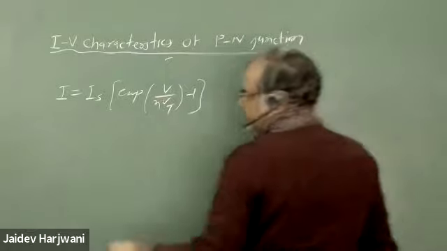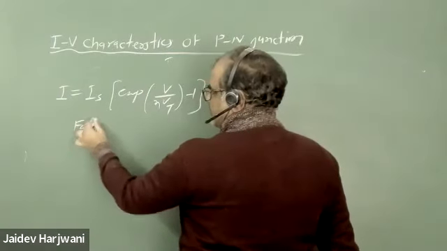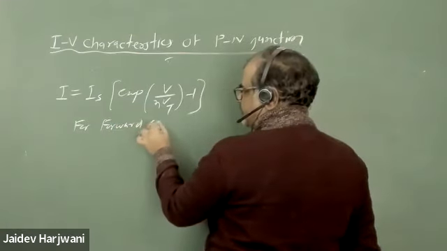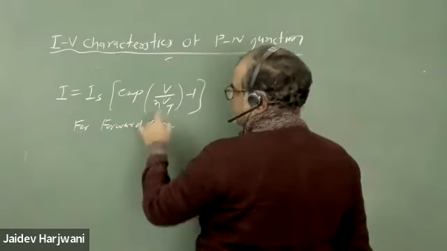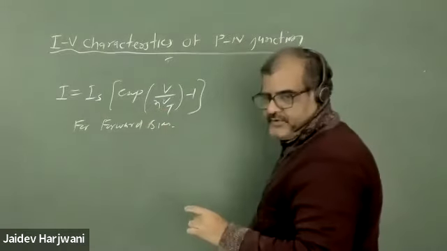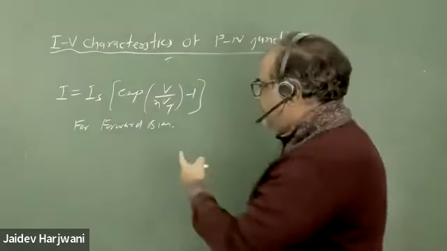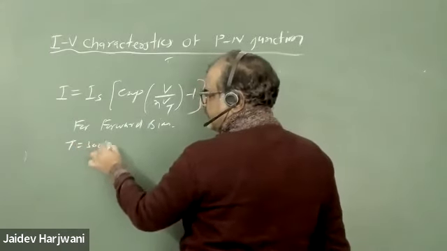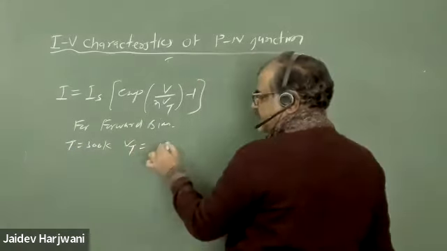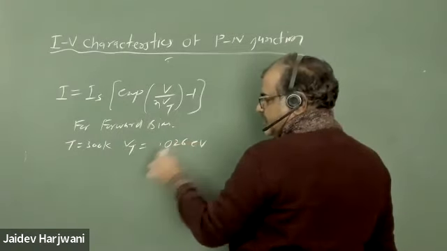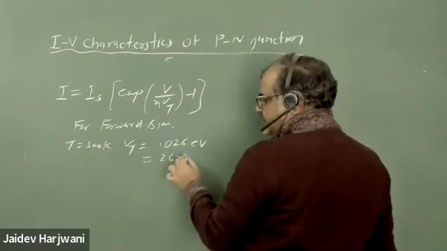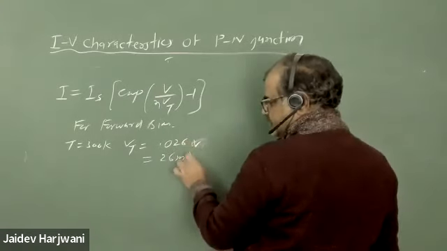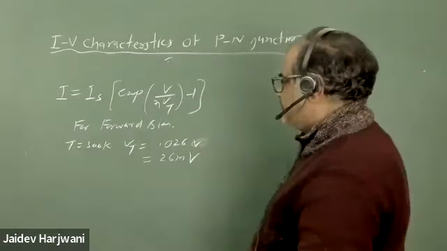Now if I apply forward bias, for forward bias this VT is in milli electron volt. We already know that at room temperature VT is in milli electron volt. If I take T equal to 300 Kelvin, my VT is 0.026 electron volt, or 26 millivolt.